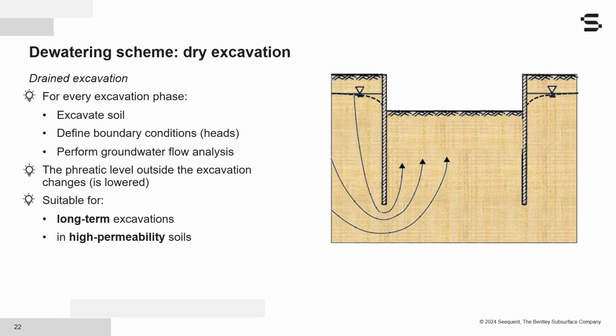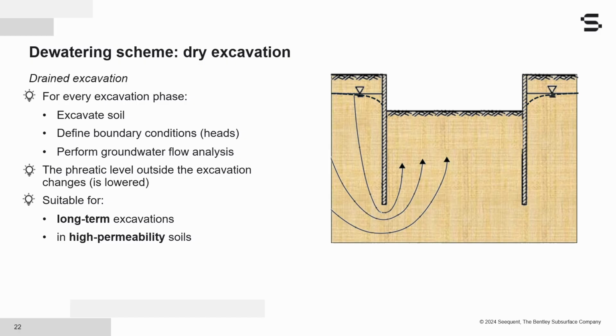So basically, we apply some kind of external boundary conditions here at, let's say, the left and the right boundaries, where we apply a head which is equal to the elevation of the groundwater level, and then of course we also do that at the excavation level, where we apply a groundwater head which is equal to the elevation of the excavation bottom. And this assumes that we just put pumps at the bottom of the excavation, and then we are removing the water there.